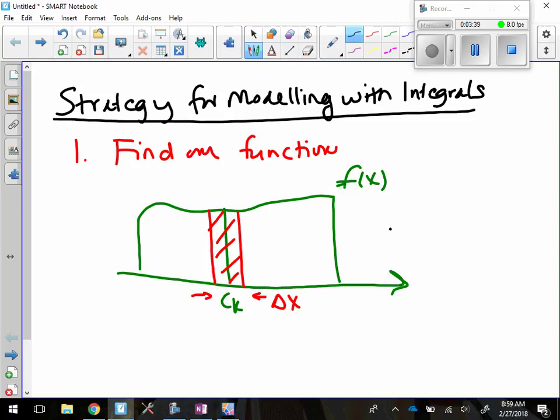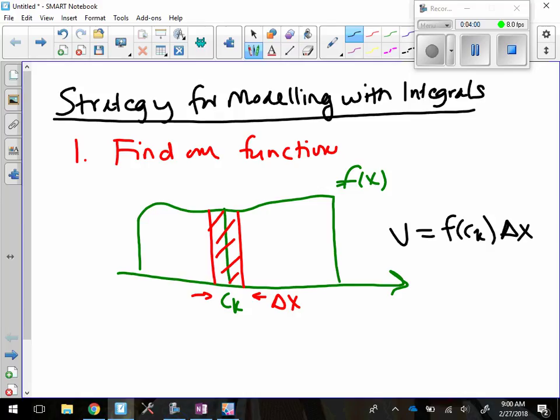And then if I'm trying to find the volume, it's going to be the height times the width. Okay? In some way, shape, or form. Or maybe that's going to be the area or whatever it's going to be. Okay?